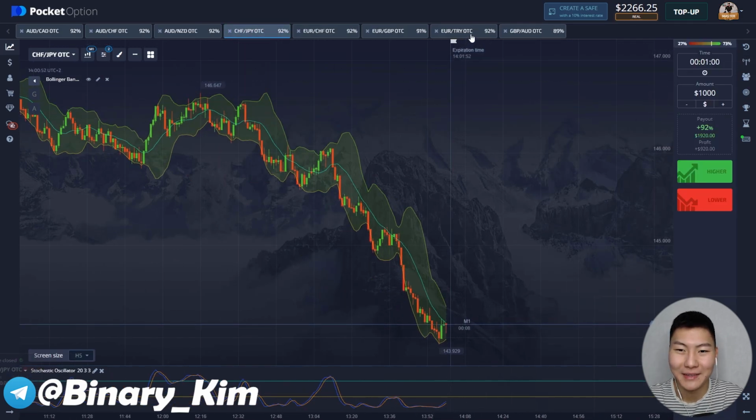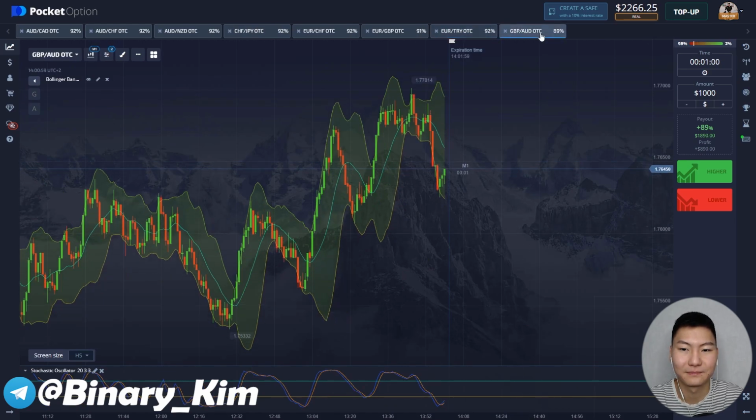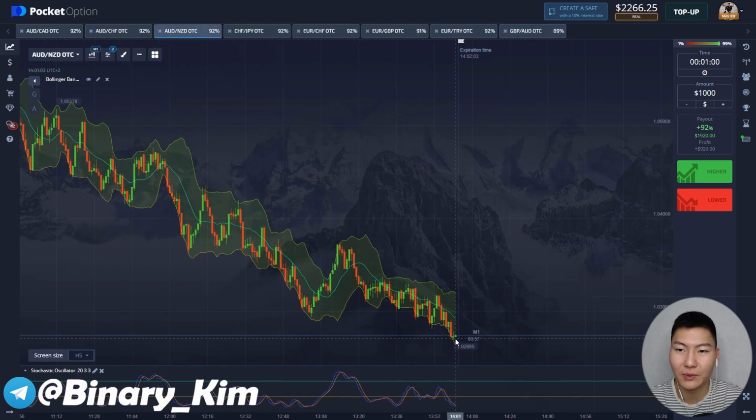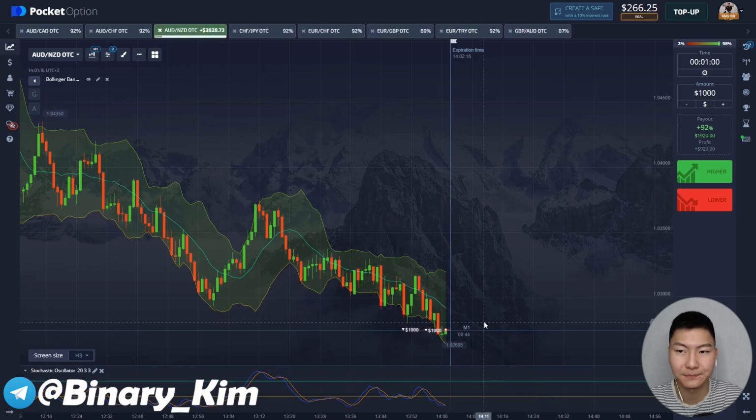So let's find the next counter pair, guys, and carry on the trading session. So we see the touch here and probably let's open a short position. The price should go lower and let's select the workspace.